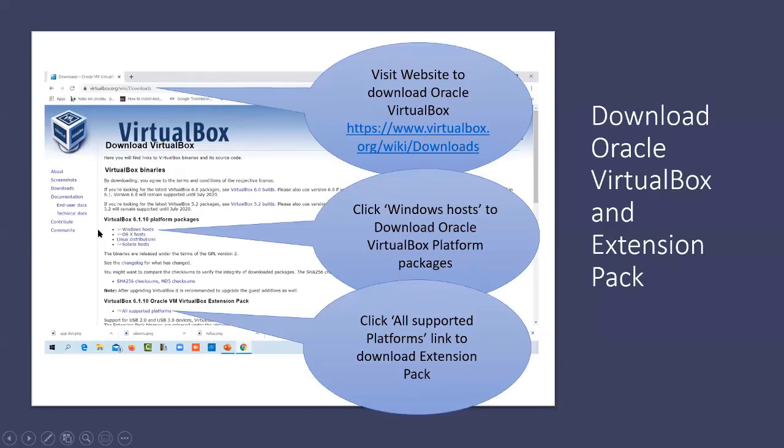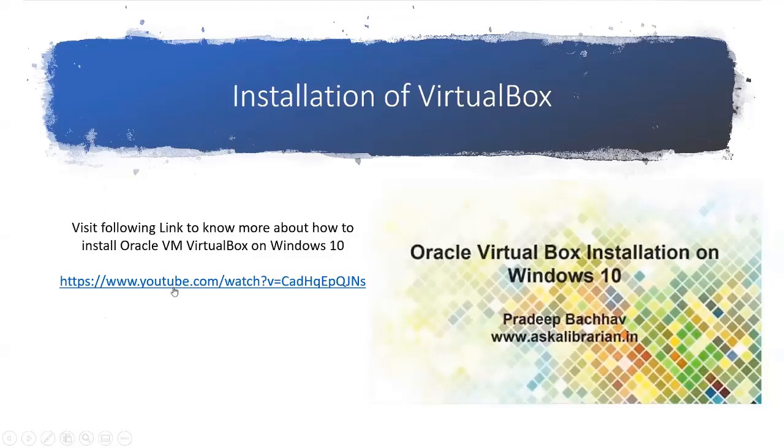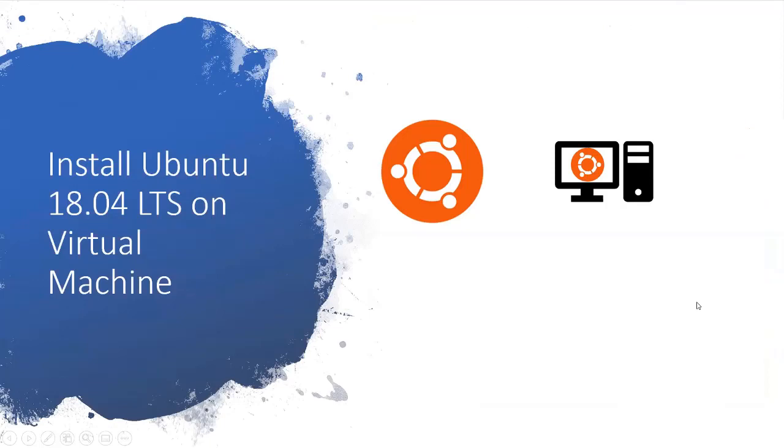Then you need to click on Windows host to download Oracle VirtualBox platform packages. And you also need to download its extension pack. I have given that video link here also. So you can get idea about how to install Oracle VirtualBox on Windows 10. Okay. Let's install Ubuntu 18.04 LTS on virtual machine.